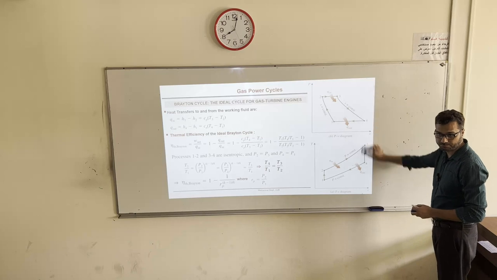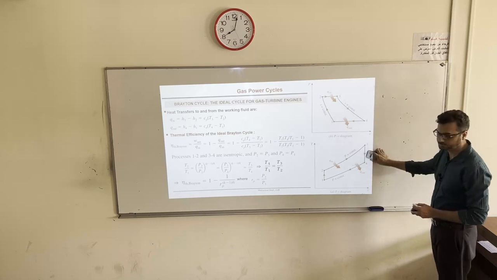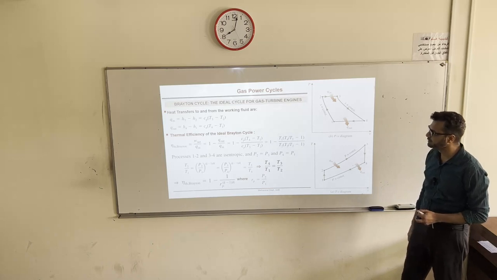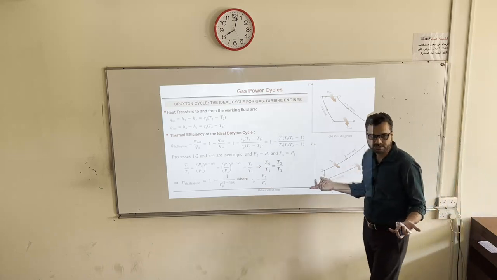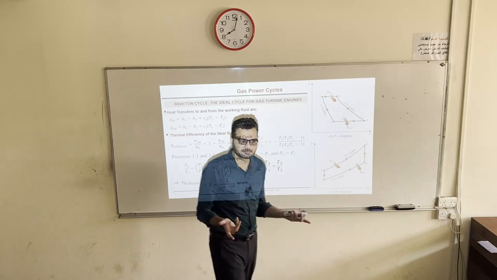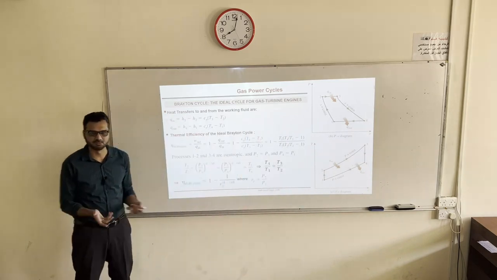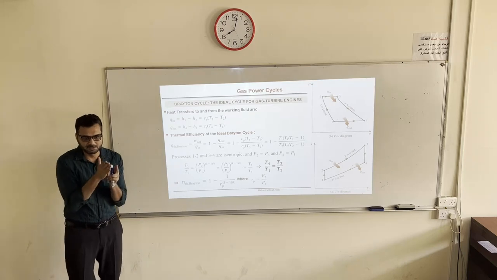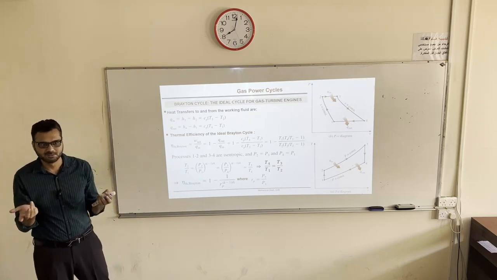Any question from here? Here we also don't consider intake and exhaust. Here intake and exhaust actually have nothing to do. In Otto and diesel, there is a complete stroke. Here intake is nothing.